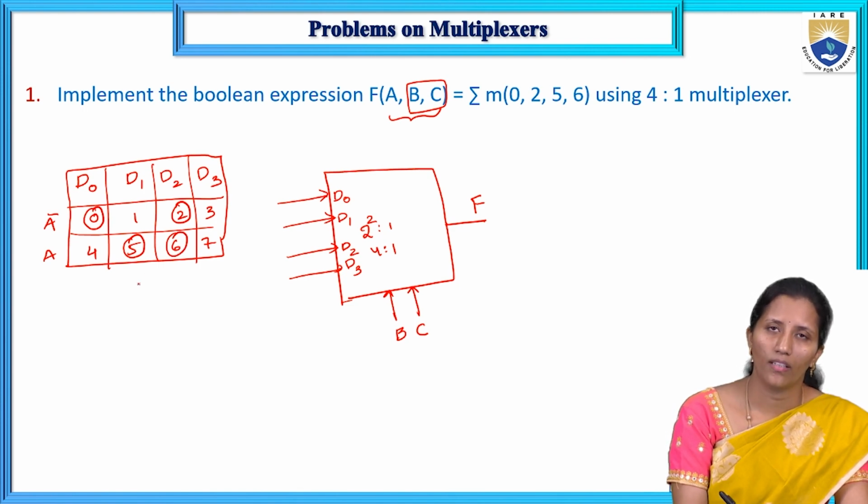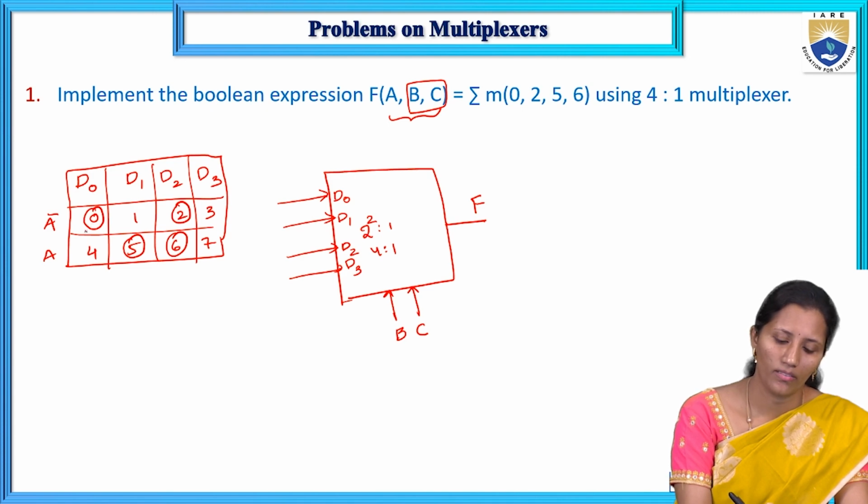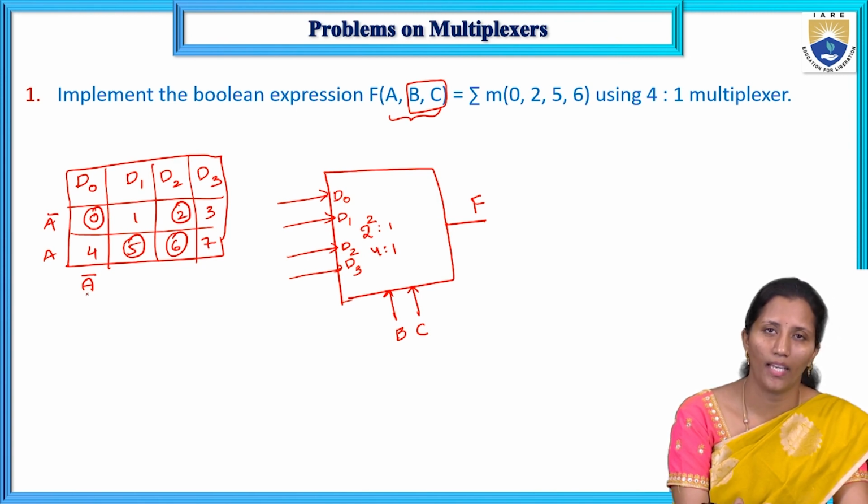So here we have to observe D0, the vertical line in D0. If A bar is circled and A is not circled, we have to write A bar.